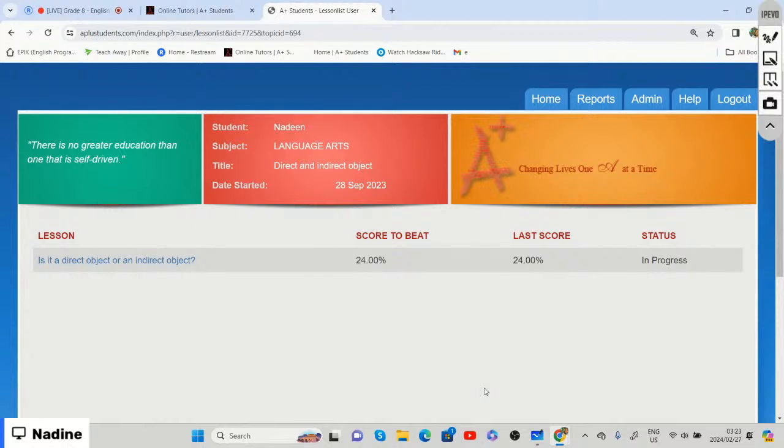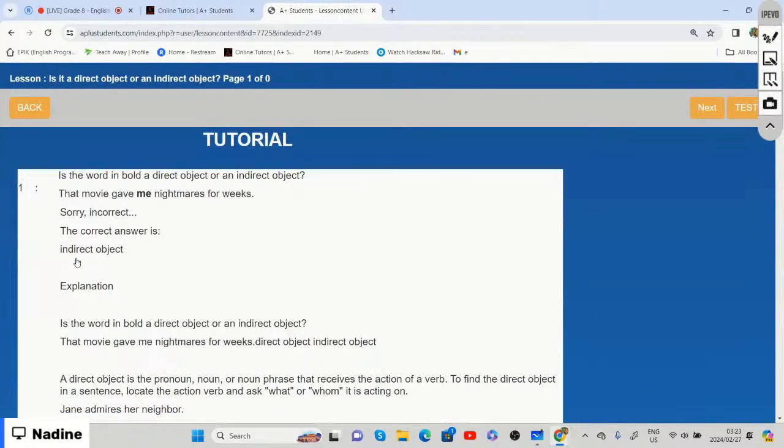So we said that a direct object is either a pronoun, a noun, or a noun phrase that receives the action of a verb. And in order for us to find the direct object within a sentence, we have to locate the action verb and ask ourselves to what or whom is it acting on?